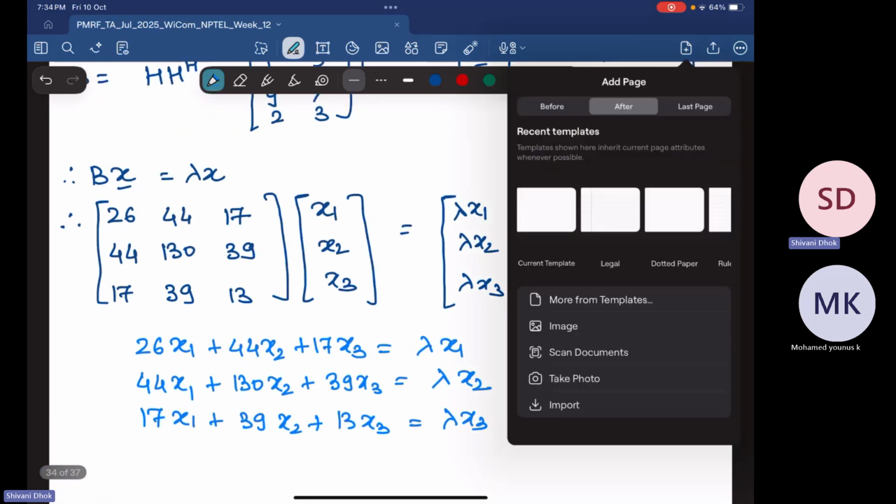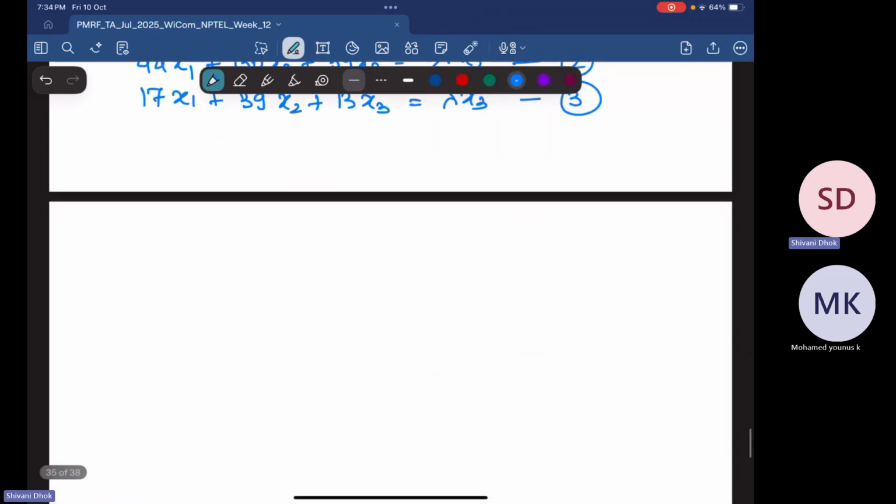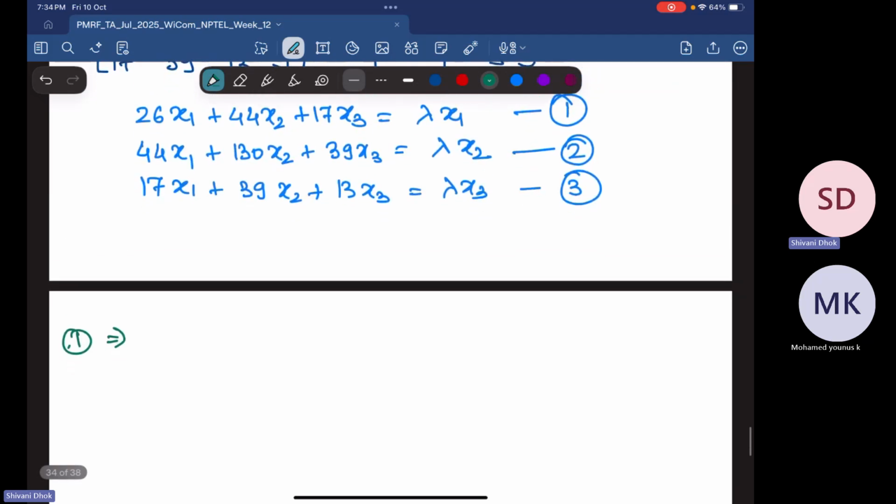From equation 1, I'll write x1 in terms of x2 and x3. That gives x1 equal to 44x2 plus 17x3 divided by lambda minus 26. Let's say this is Roman number 1.